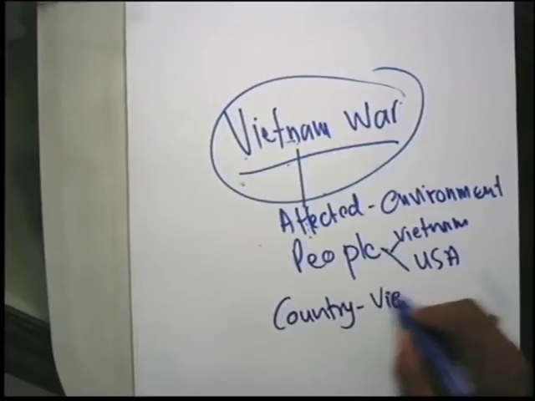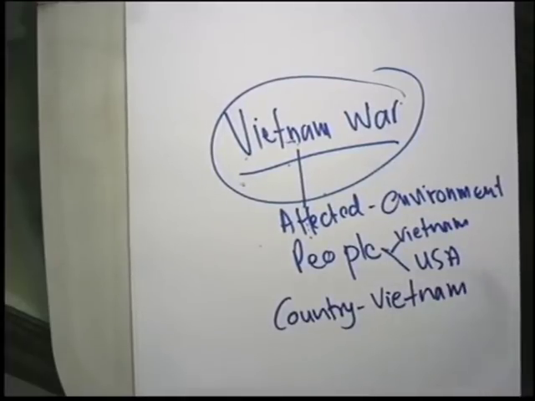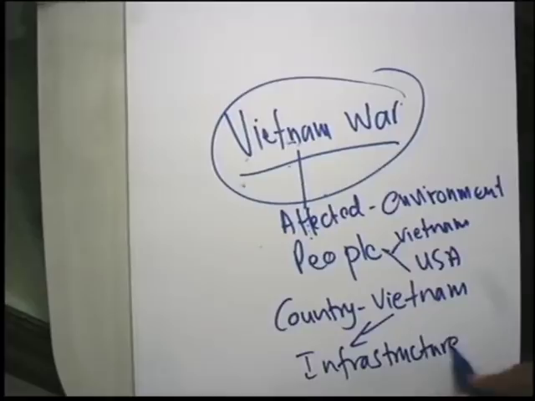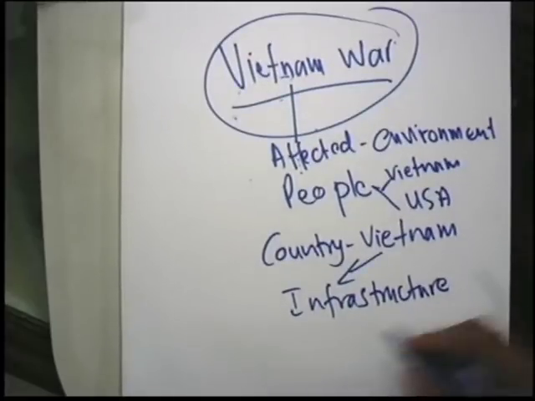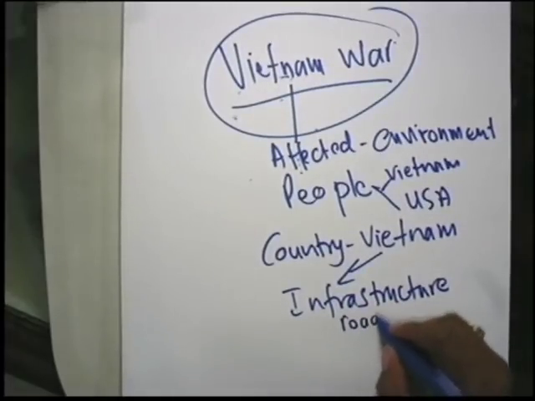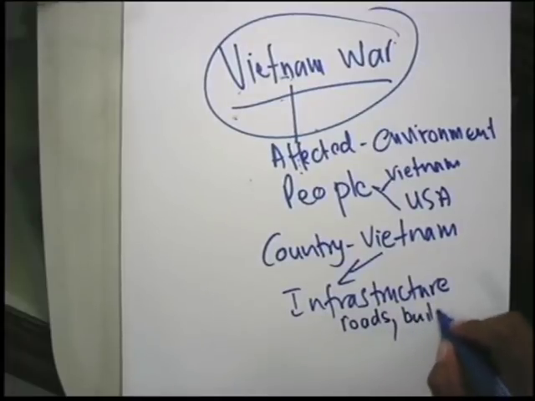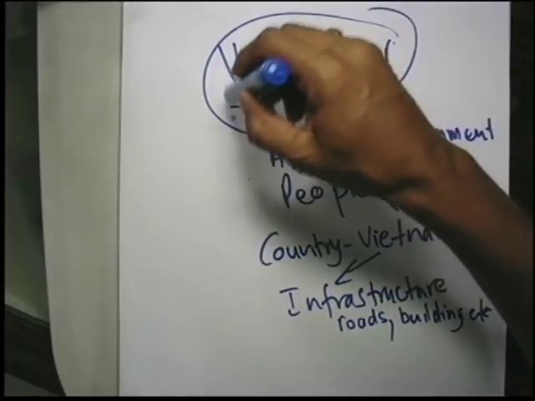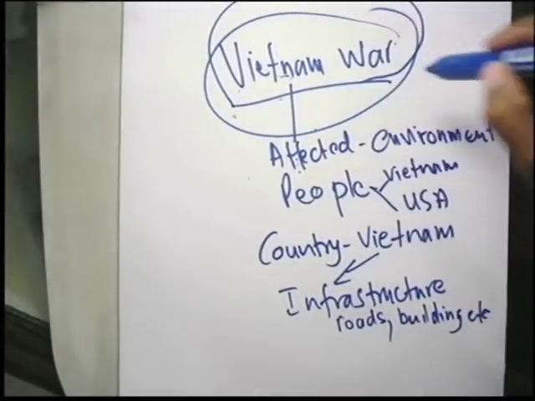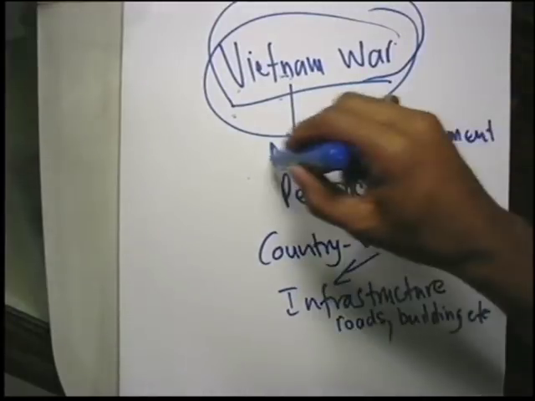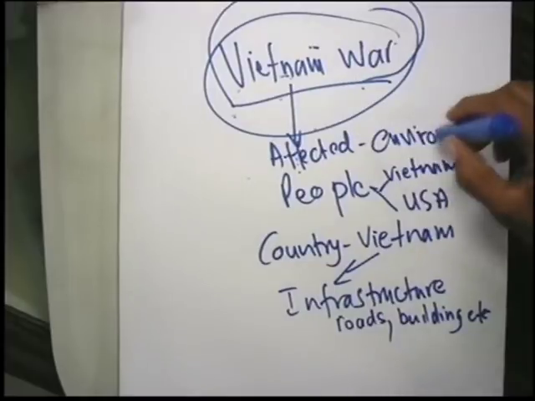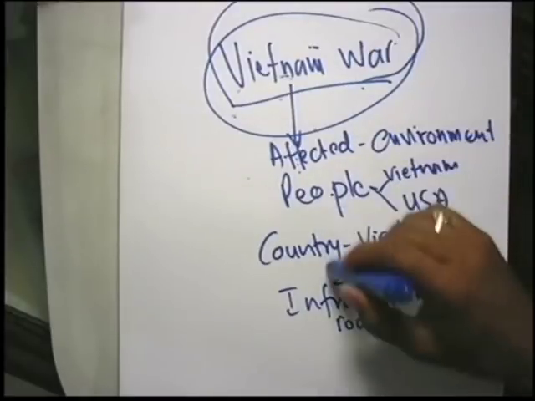For example, if we talk about Vietnam, basically the infrastructure. And when we talk about infrastructure, we usually refer to roads, buildings, etc. So what were the consequences of this war in terms of how it affected the environment, the people, the country?